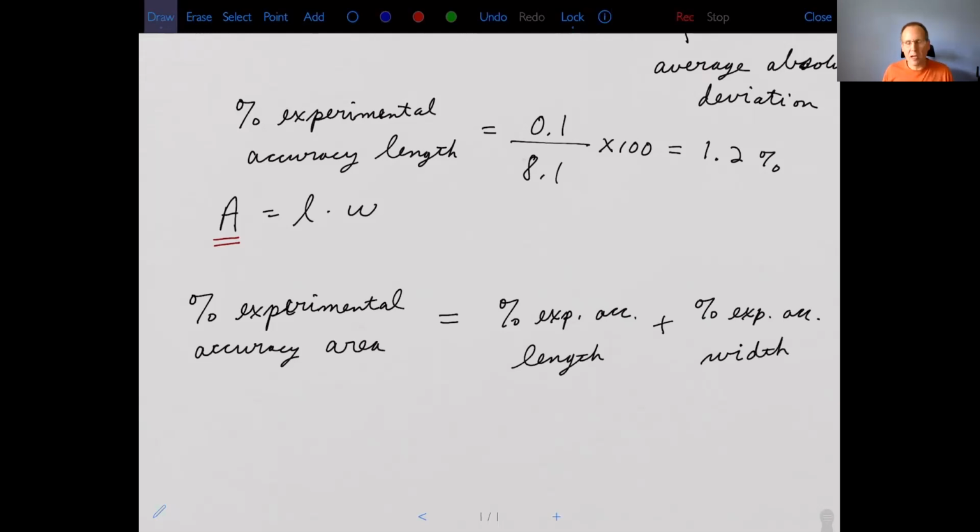And whenever you have an equation that involves multiplying or dividing variables, you're basically going to add the respective percent accuracies together to give you the percent experimental accuracy of the dependent variable.